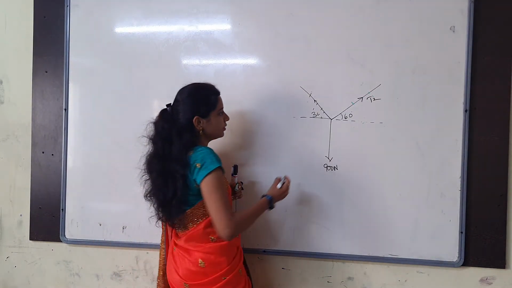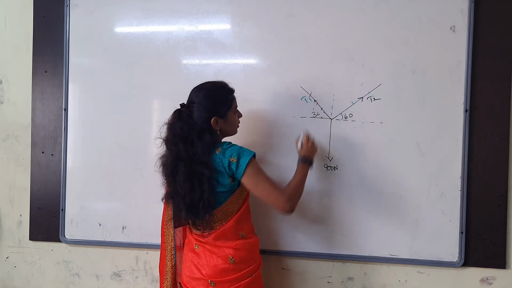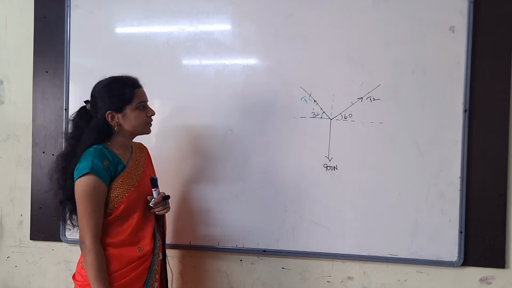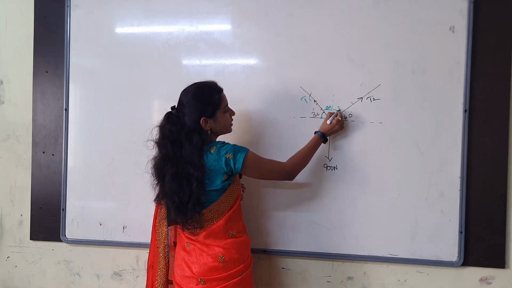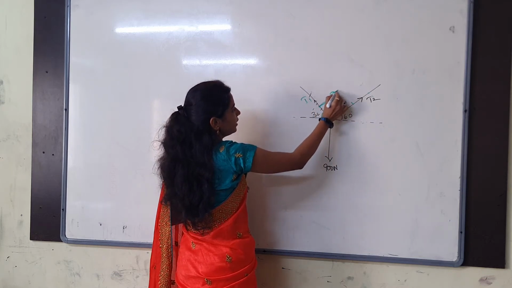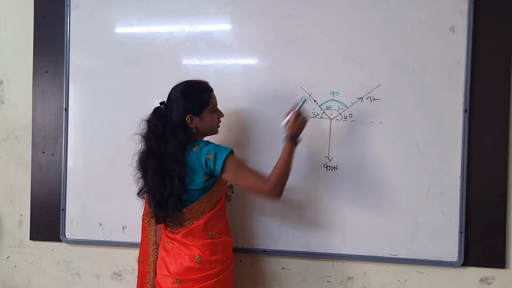Now, what is the angle between T1 and T2? Tell me first of all. How can you get the angle between them? See this. Here how much is there? 60. Here how much is there? 30. So what can I tell? The angle between them is exactly 90 degrees. 90 degrees is the angle between T1 and T2.